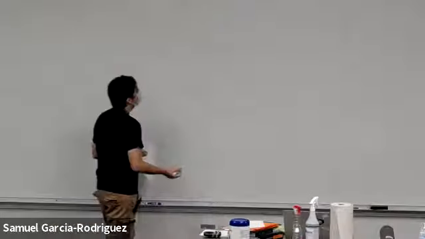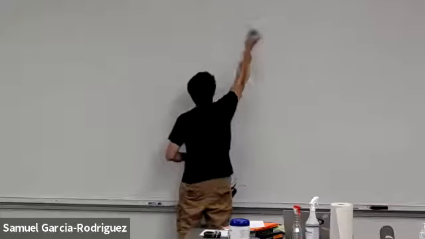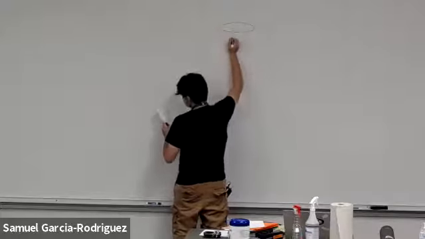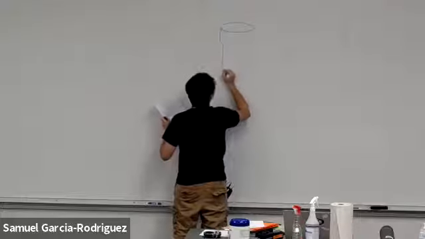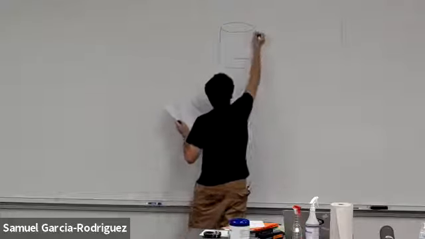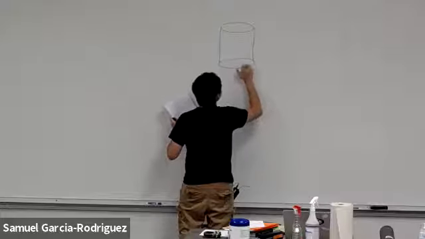Okay. So this astronaut is in a centrifuge. It says radius, so I'm going to assume it's a cylinder. I'm pretty sure most centrifuges are cylindrical.